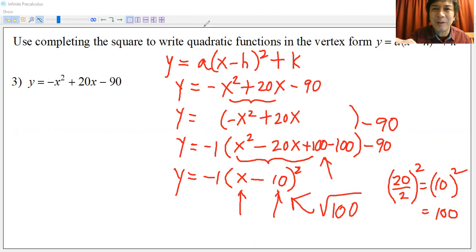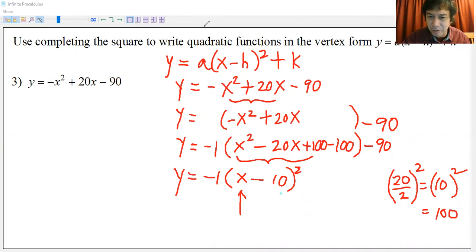Let me just erase those extra writings there, so I can continue with the clean solution. We now have, let's put an outer parenthesis, because we still have the minus 100. After the close parenthesis, we have the minus 90.